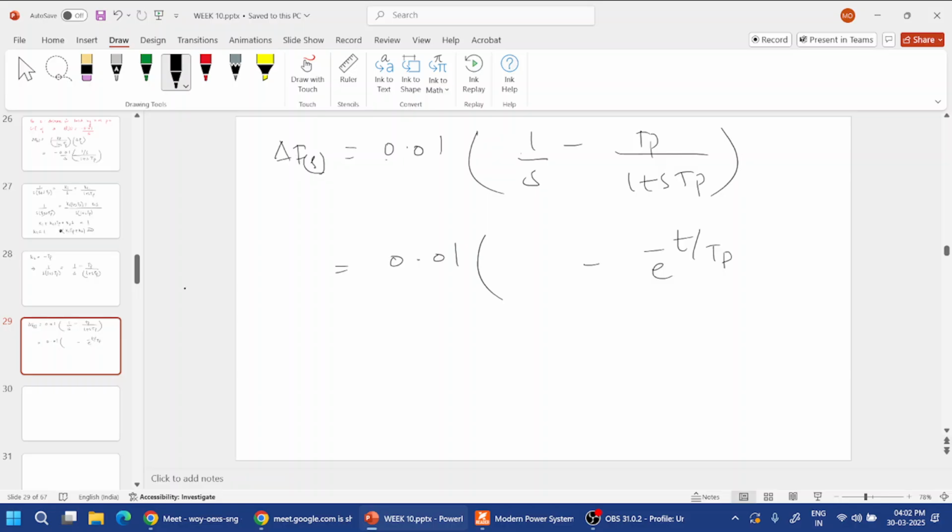How can we take Tp common? It will come out to be, just a second, let me do one thing here. Tp here, Tp here, not directly writing it. I will write it over like this.